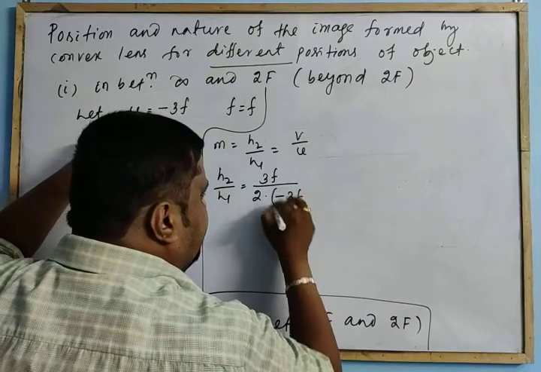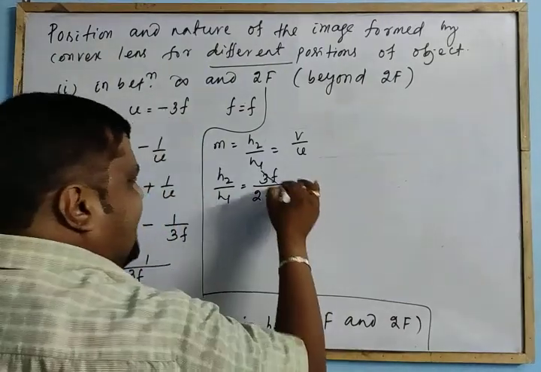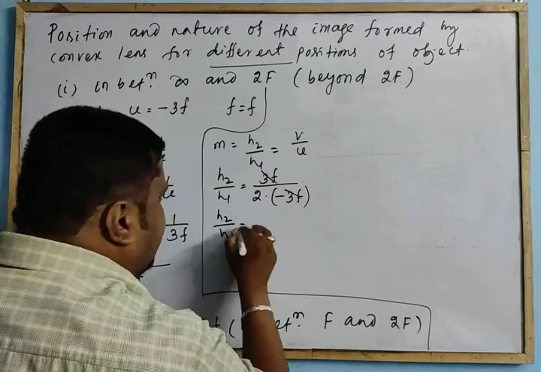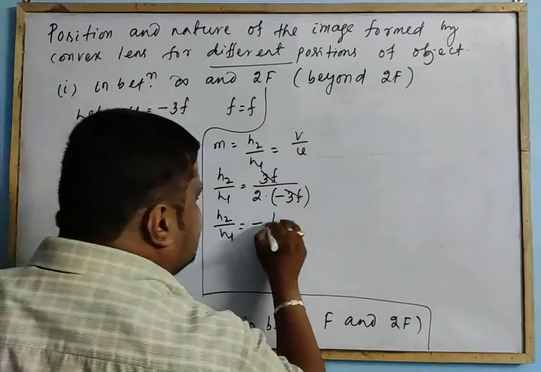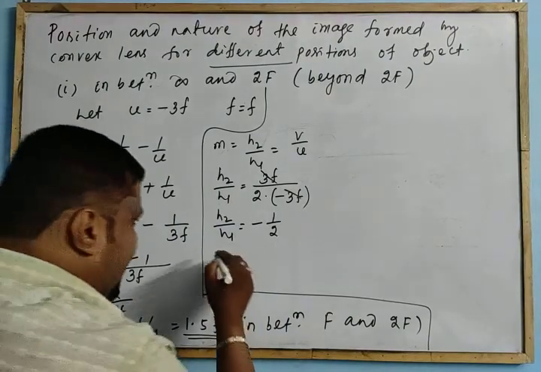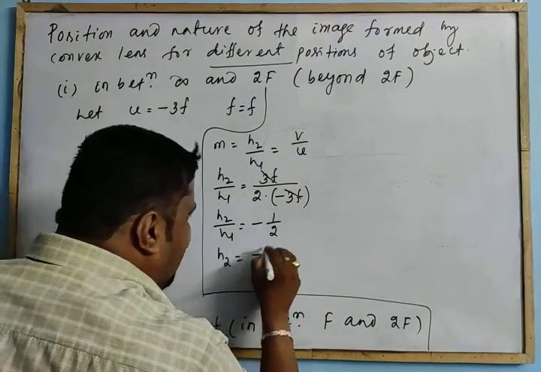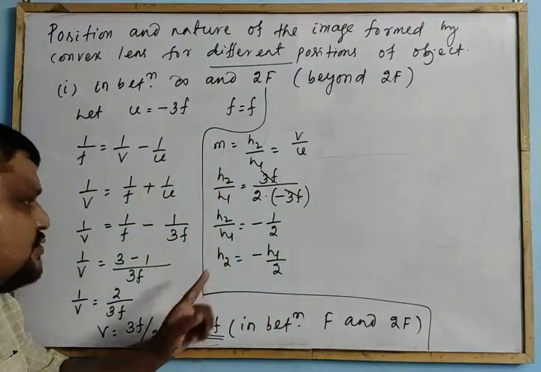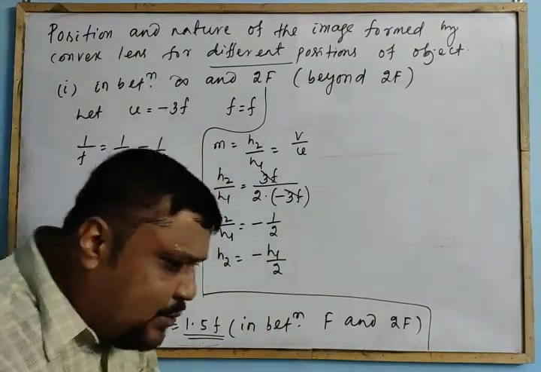Take this sign convention, so this 3f gets cancelled. So h2 by h1 is equal to minus half. So h2 is equal to minus h1 by 2.